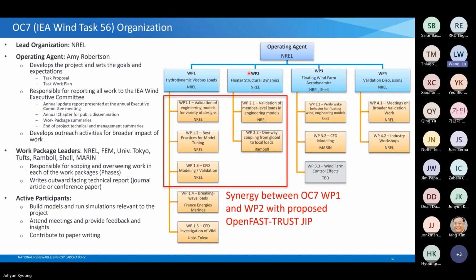So 2.1 is essentially the main package of WP2, and that's really focused on validating the SubDyn model of OpenFAST. And it is not quasi-static. There is actually flexibility, not just in the load cells, but also the pontoon is flexible to an extent as well, and that's also characterized in the investigation.